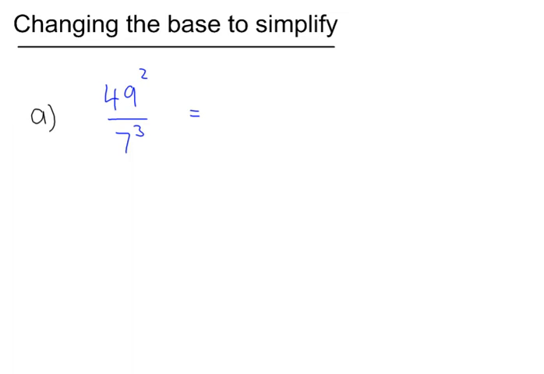Changing the base to simplify. To simplify this fraction, if I identify that 49 is actually 7 squared, so I can write the 49 as 7 squared, all squared over 7 to the power of 3.